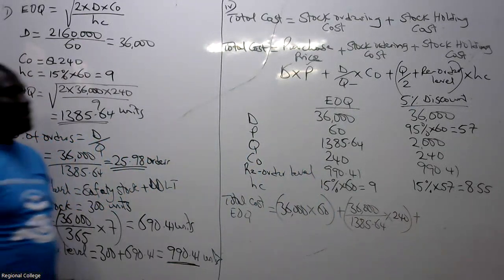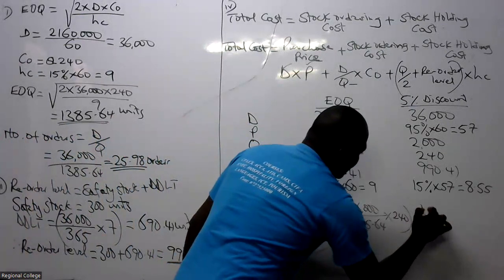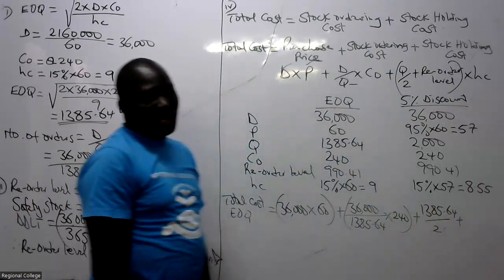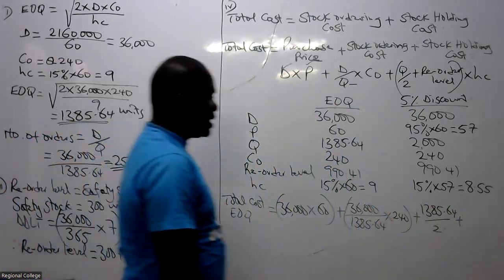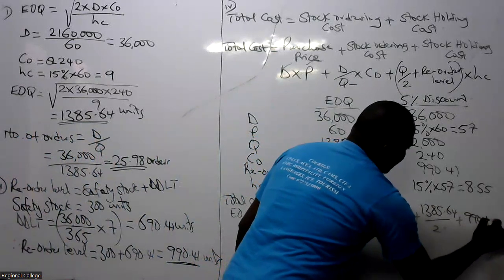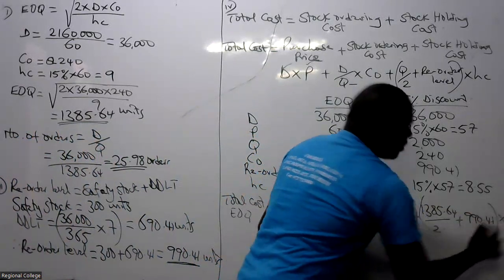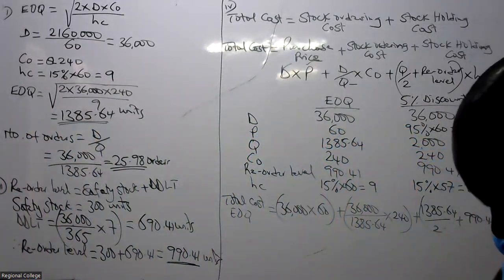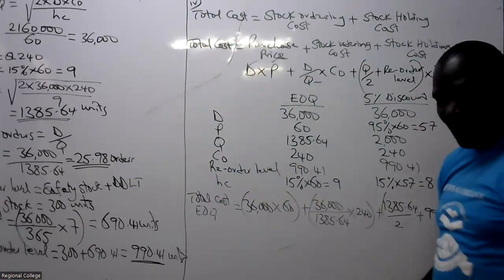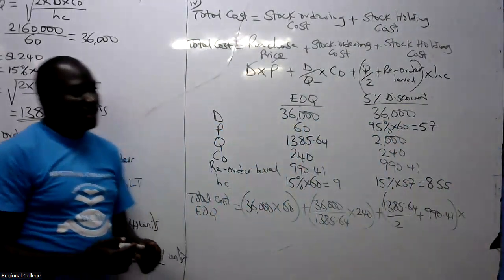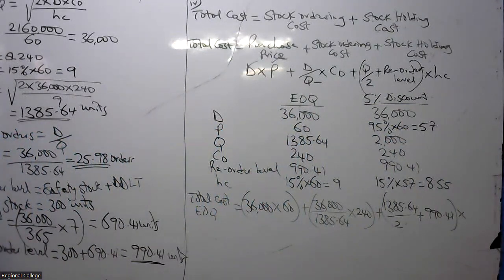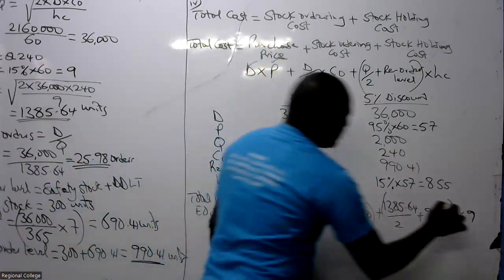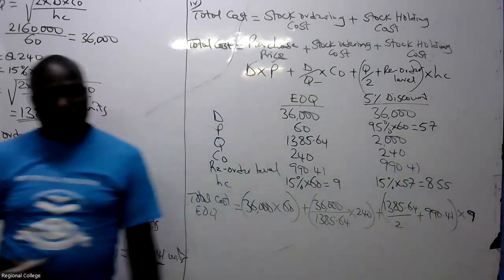Then plus Q is 1385.64 divided by 2, plus the reorder level of 990.41, and this one we multiply by the holding cost per unit, which is 9. That is EOQ.